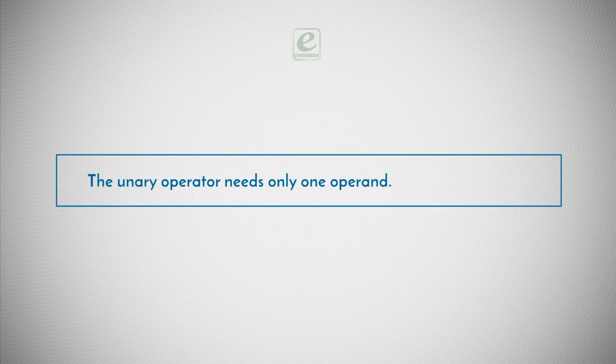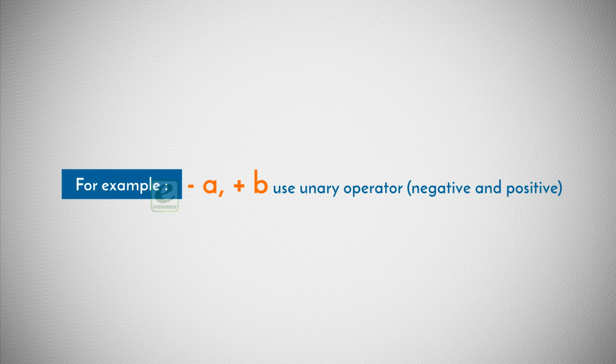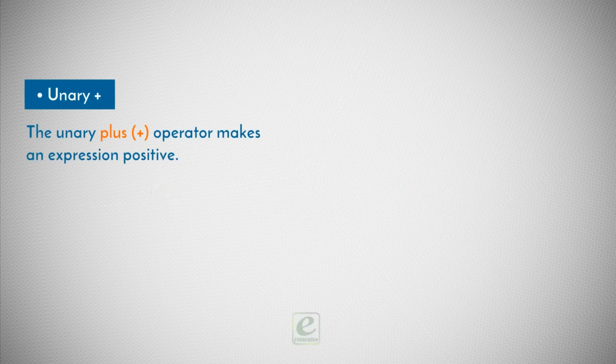Unary arithmetic operator. The unary operator needs only one operand. It may be plus or minus. For example, -a, +b use the unary operator, negative and positive. Unary positive: the unary plus operator makes an expression positive.